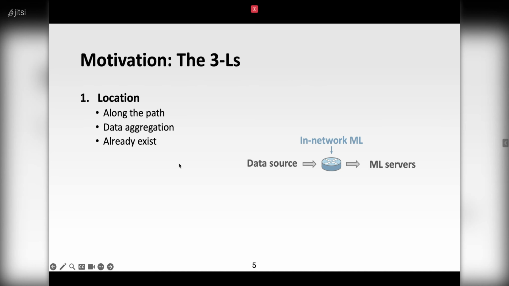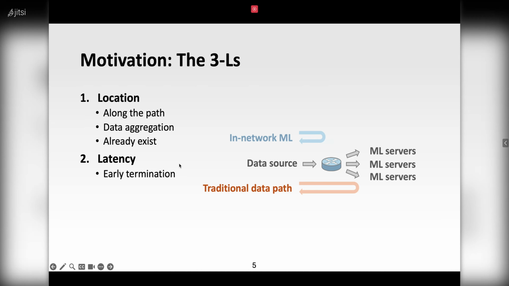If machine learning is offloaded into the programmable network devices, data flows from different data sources come through the device. We can do the data aggregation and information processing within the devices themselves, and then send the results on to the end servers.